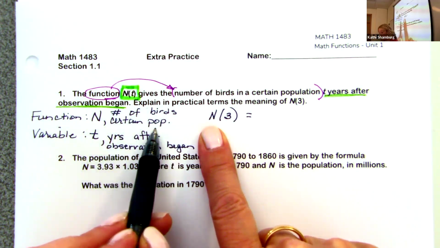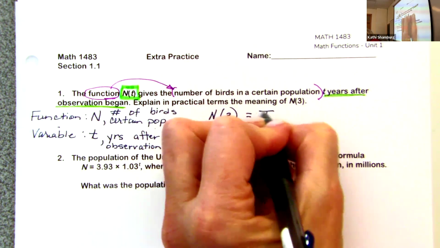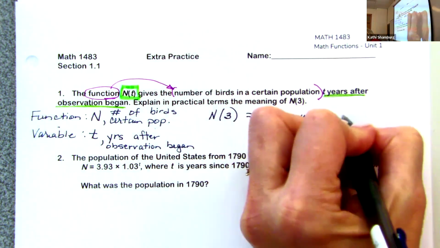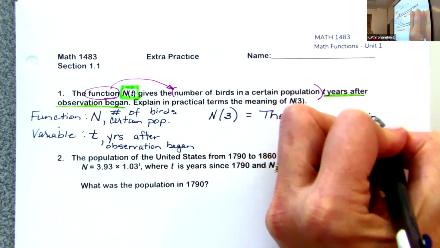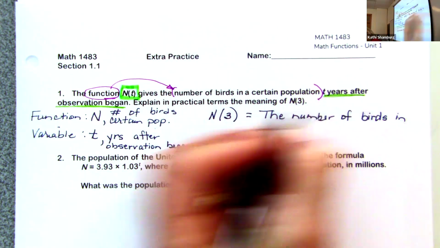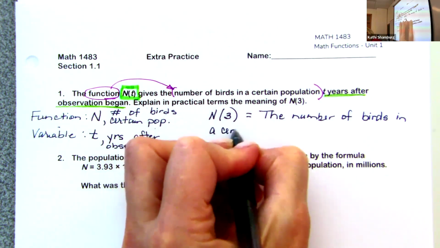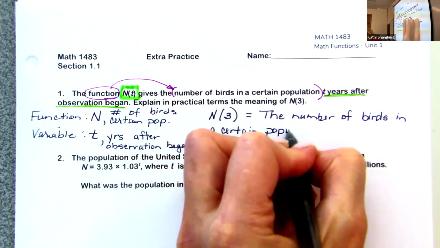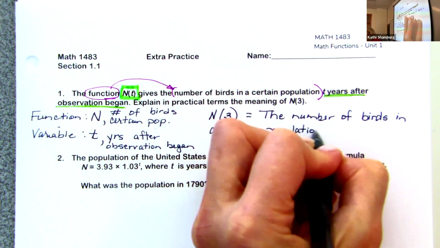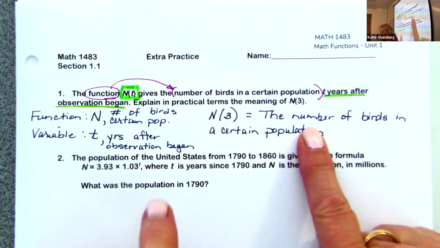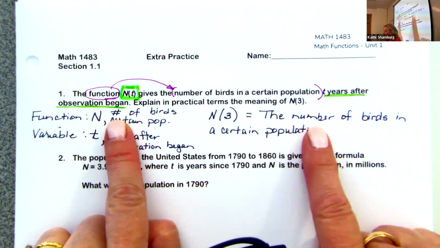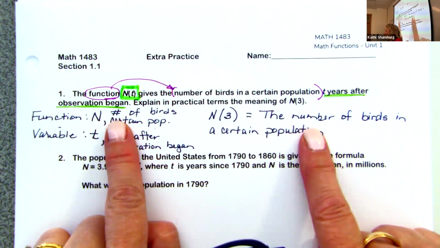I'm going to write that. So, the number of birds in a certain population. Now, let me make the point right here. Notice over here, I'm okay with you using the symbol. In a sentence, we don't put the symbol. This is not a text message. So write the word out.